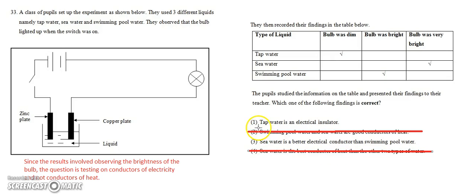Now let's take a look at option 1. Tap water is an electrical insulator. Now, we need to make another note here. Since all the bulbs lit up, all the different types of water are able to conduct electricity.